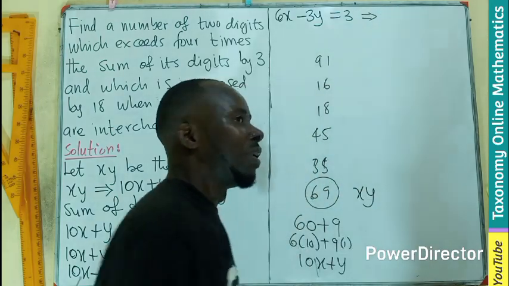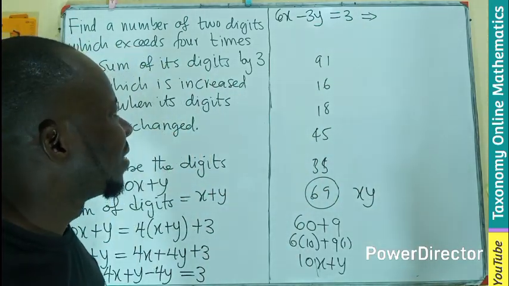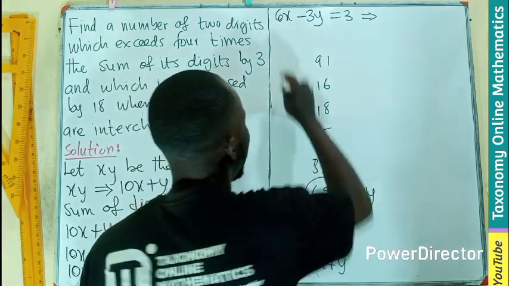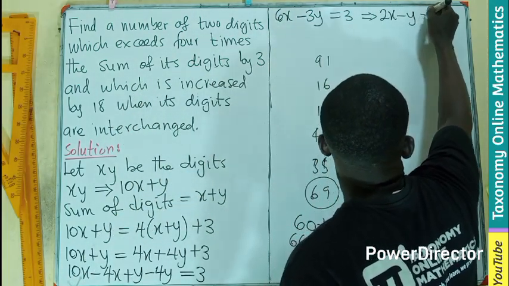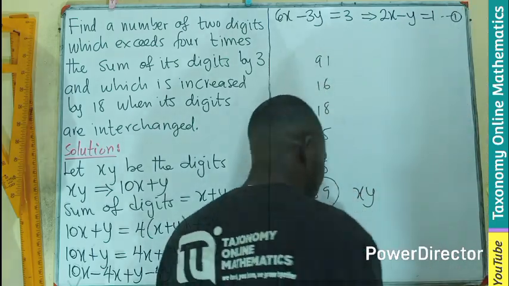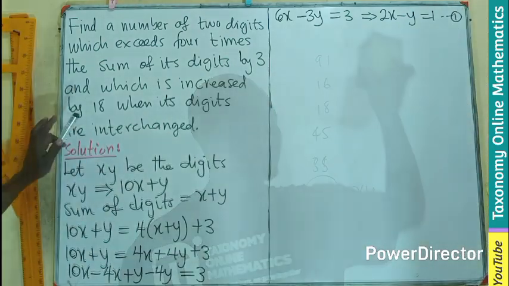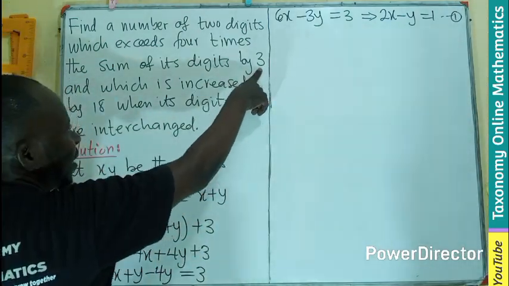This is an equation involving two variables, but I can see a common factor of 3. Dividing by 3 gives 2x minus y equals 1. So that's equation 1.